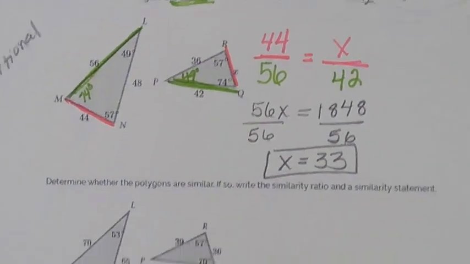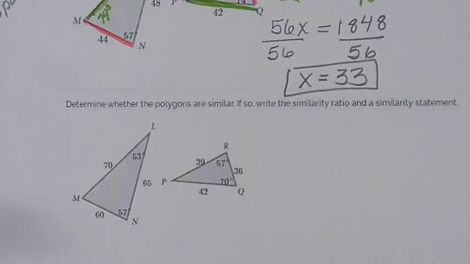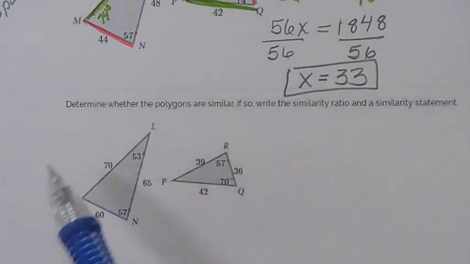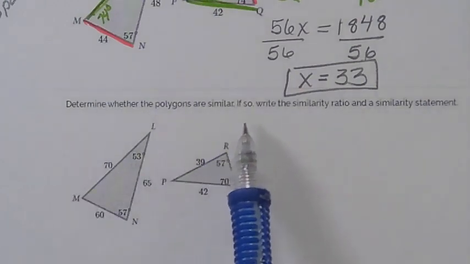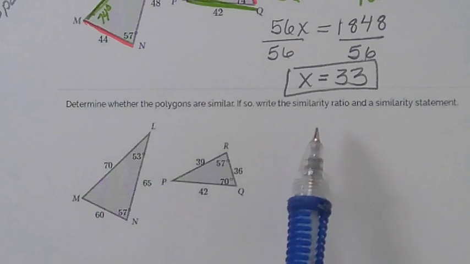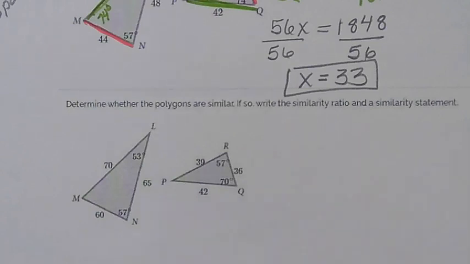One more thing. Kind of going back to what we asked about in one of the original things. So first thing we want to do, it says determine if the polygons are similar, and if so, write a similarity statement, similarity ratio, and a similarity statement. So here, we first of all have to decide if they're similar, right?